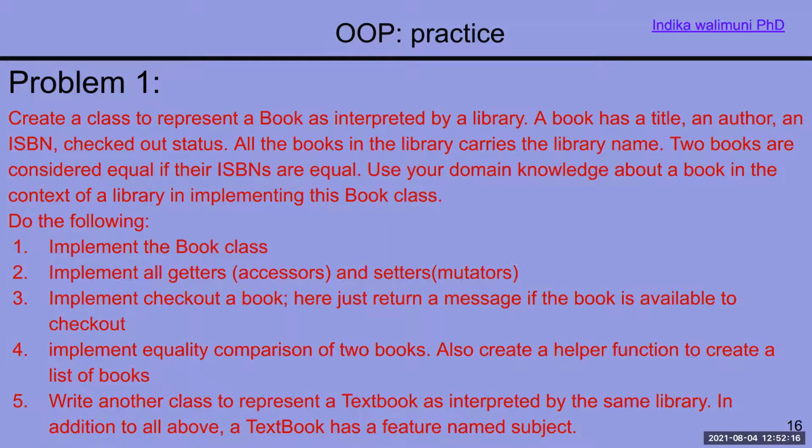So just print a message if the book is available to check out. Okay, so we need to check that. Okay, so that's why we have this checked out status variable. All right, implement equality comparison of two books. Okay, so if the ISBNs are the same, then we should say, okay, the books are equal, same book. All right. So, and also create a helper function to create a list of books. Okay.